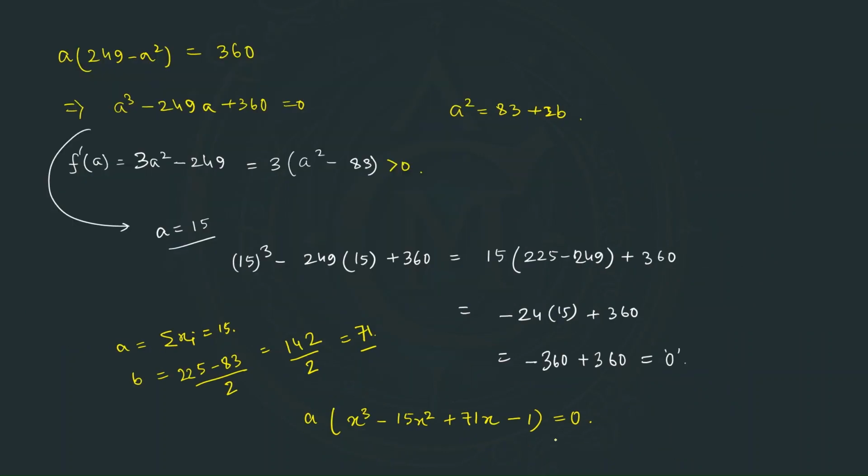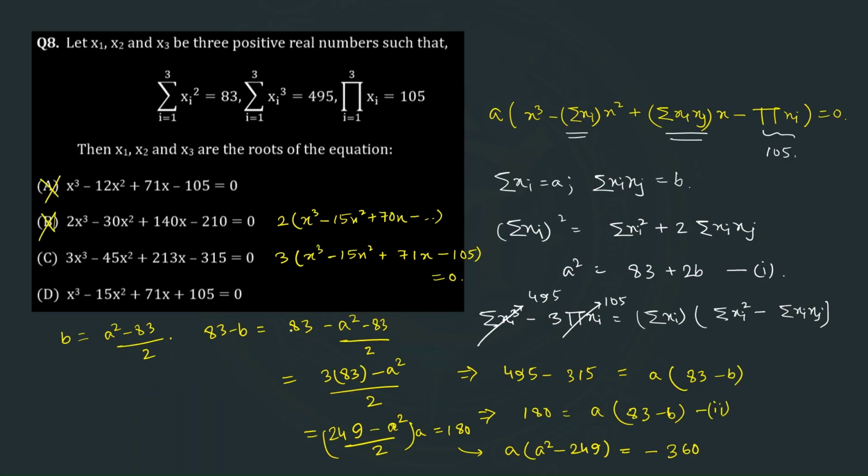By the way, this will be 105 because this is the product of the roots. So putting the value a equal to 3, we get the C option. That means C has to be the correct option for this question. I hope you understood the question.